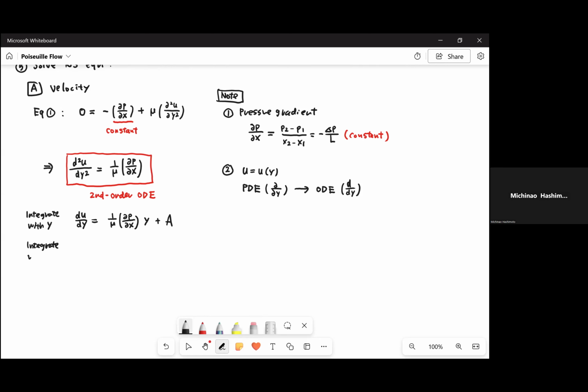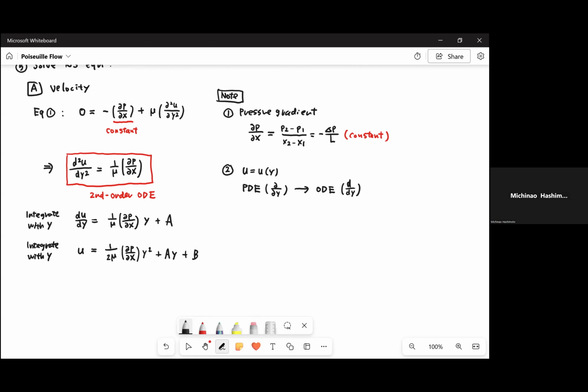Integrate again, the second integration gives u equals 1 over 2 mu dp dx y square plus ay plus b.